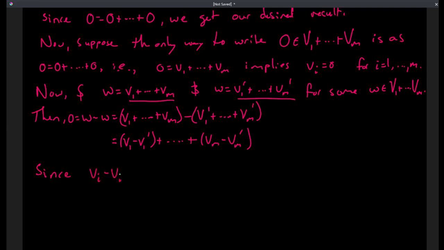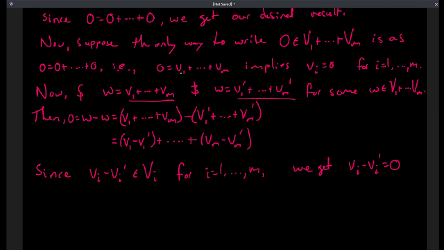Since Vi minus Vi prime is an element of Vi for i equal to 1 through m, we get Vi minus Vi prime equals 0, since we've assumed that the only way to write 0 is in this way.